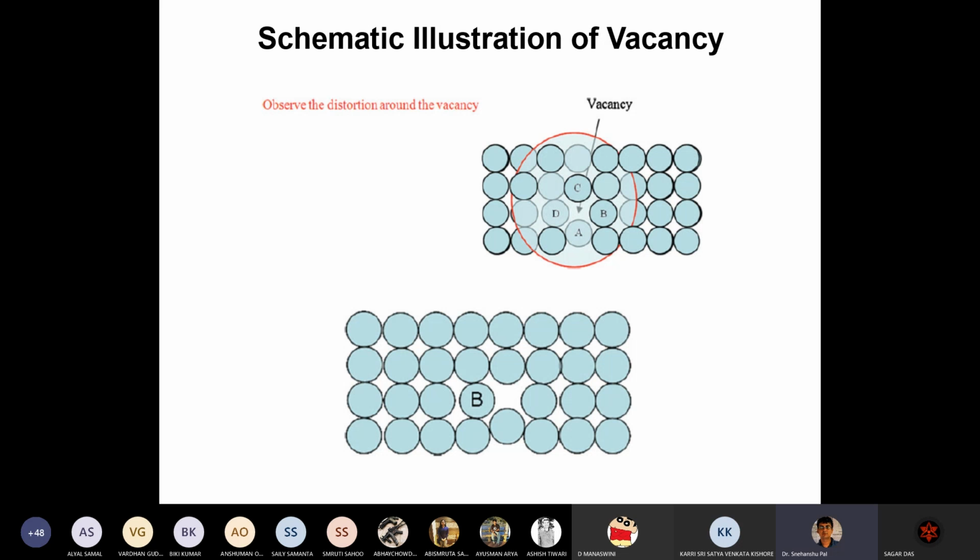So that is a point defect or zero-dimensional defect, called a vacancy, and it leads to a distortion around itself. One should understand how a vacancy can lead to a distortion and what kind of distortion it will create.